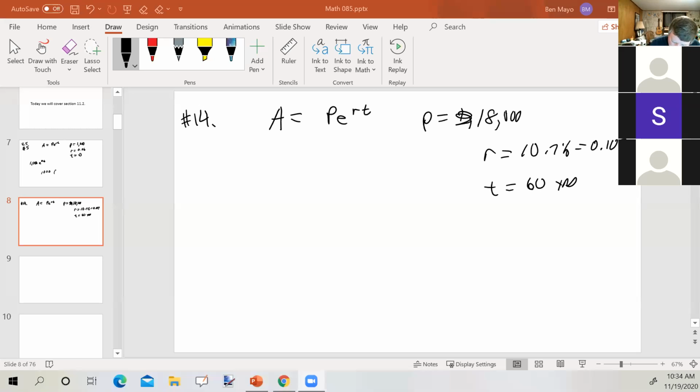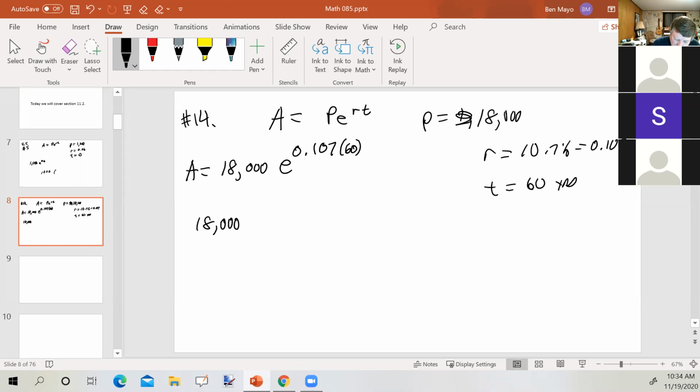Filling in the numbers, we would have A equals 18,000 times e to the 0.107 times 60. Putting that all into my calculator, I'm going to put in 18,000.